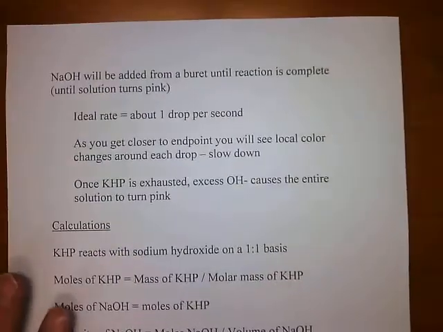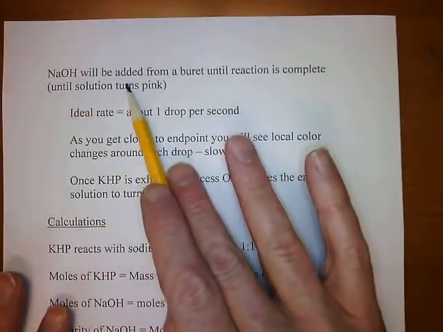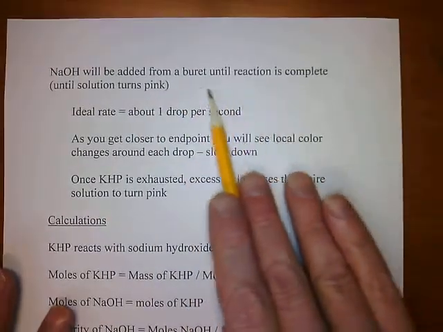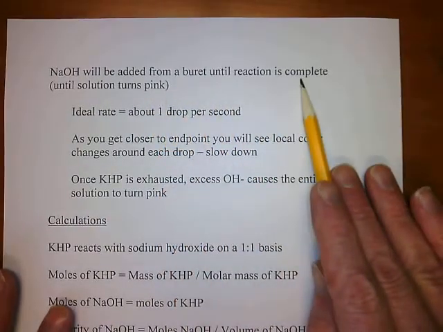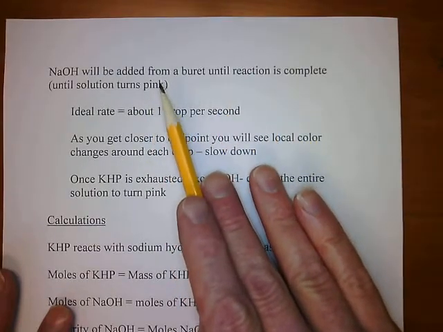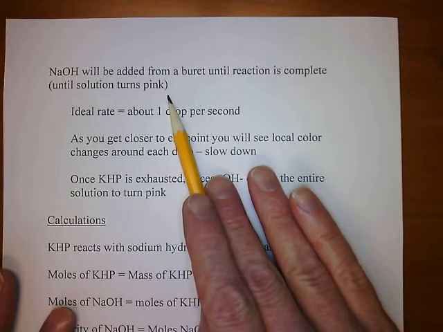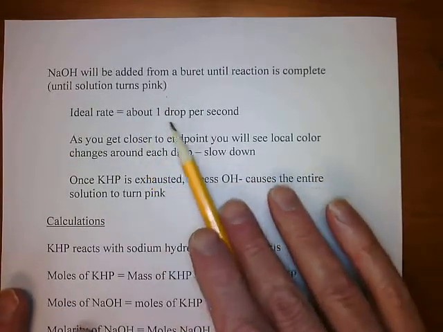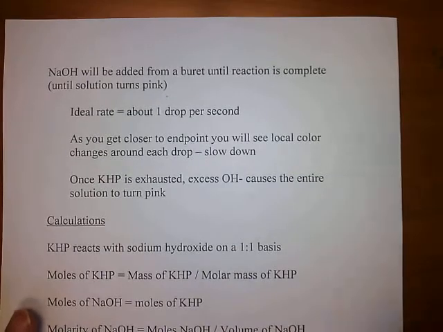So your NaOH will be added from a burette until the reaction is complete. And how are you going to know when the reaction is complete? When the solution turns pink. Alright? So you're going to open up the stopcock on the burette and let the sodium hydroxide solution start draining out.